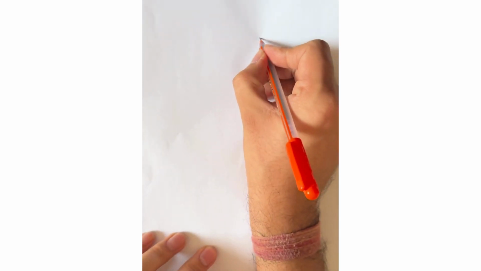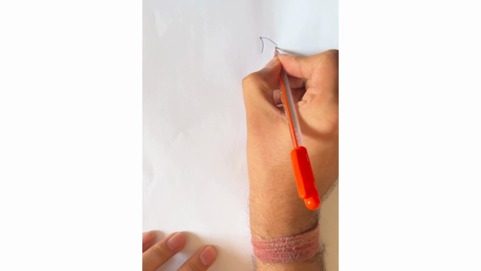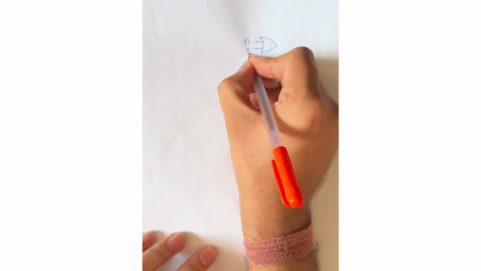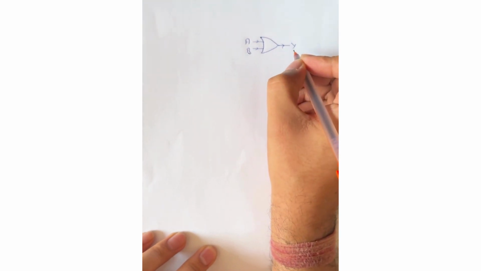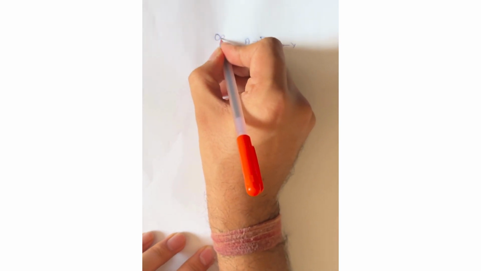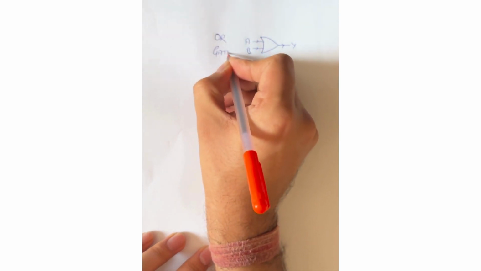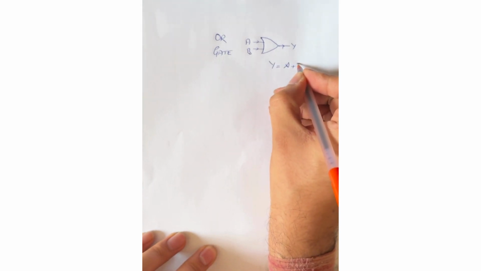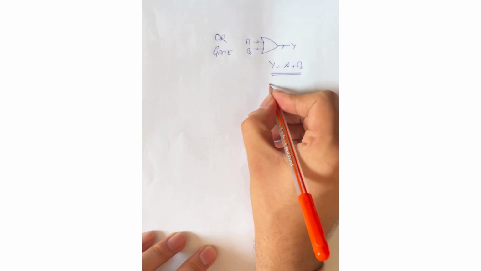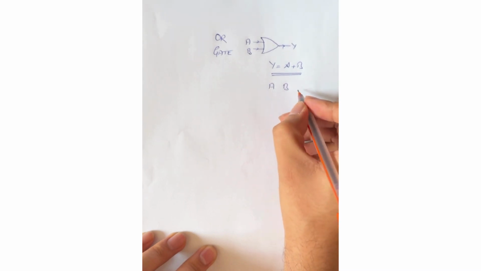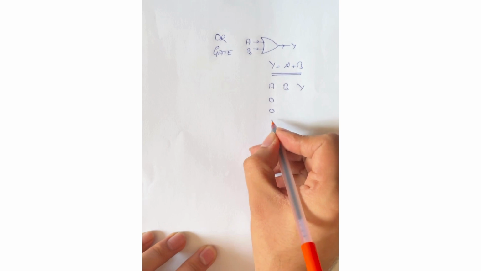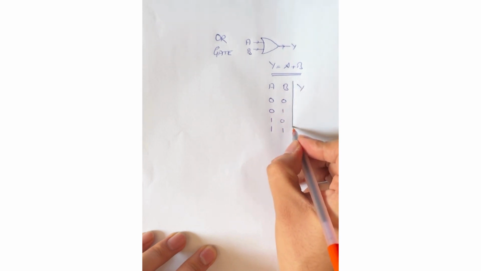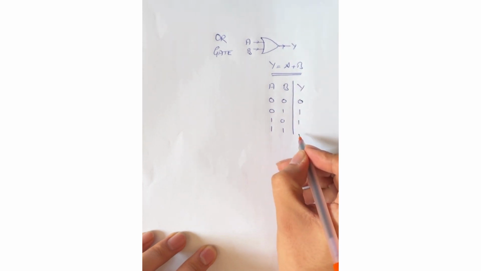Now coming to the OR gate. It again has two inputs A, B and one output Y. So this is our OR gate. Y equal to A plus B. The truth table for an OR gate is 0, 1, 1, 1.